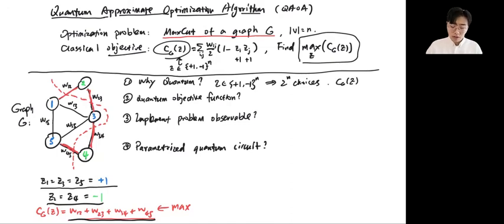And to compute the cost function C sub G, we need to sum over all the edges, which could be very expensive for large or dense graphs. Maybe we can encode the input z into qubits and use superposition of quantum states to try all the possible assignments at the same time and potentially give an advantage in computation time.